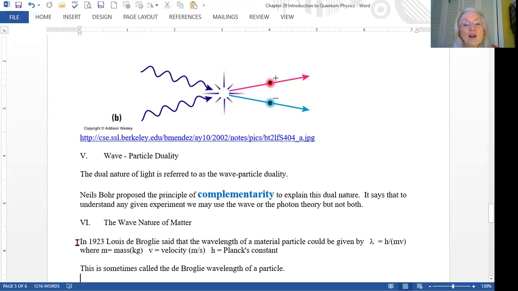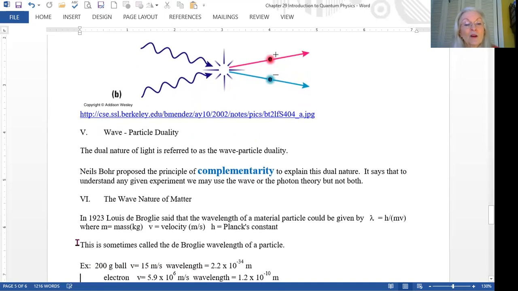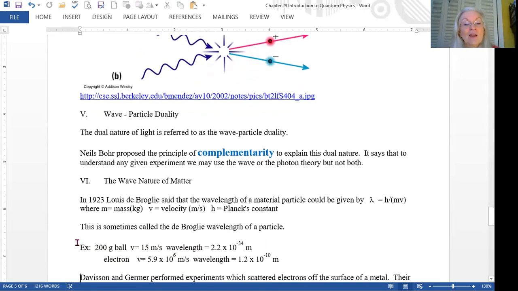Well, if light can act like a wave and a particle, what about particles? Do they actually have a wave nature? Louis de Broglie said they did, and that the wavelength of a particle, like an electron, would be given by lambda equals h divided by the product m times v.